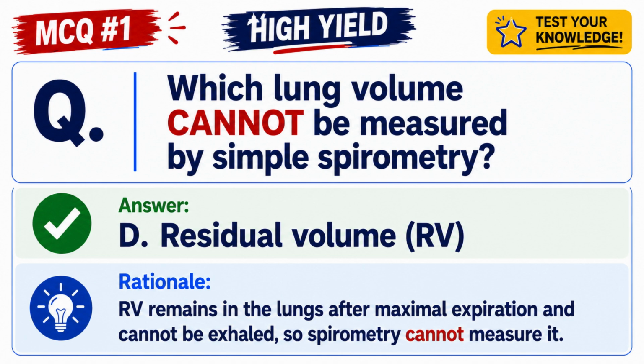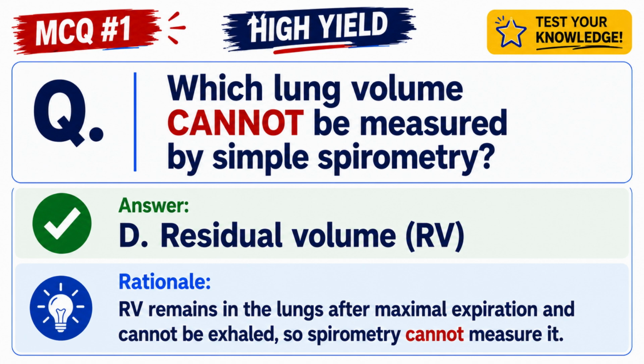Here's why. Spirometry measures what you can breathe in and out. Tidal volume, the volume of each normal breath, you breathe it in, you breathe it out. Spirometry measures it. Inspiratory reserve volume, the extra volume you can breathe in above tidal, you breathe it in. Spirometry measures it.